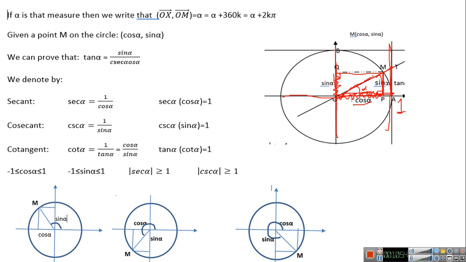If you take similar triangles, this triangle similar to that triangle, and do the similarity, no need to do it here, we can prove that tangent alpha equals sine alpha over cosine alpha. So what is sine, what is cosine, and what is sine alpha over cosine alpha?